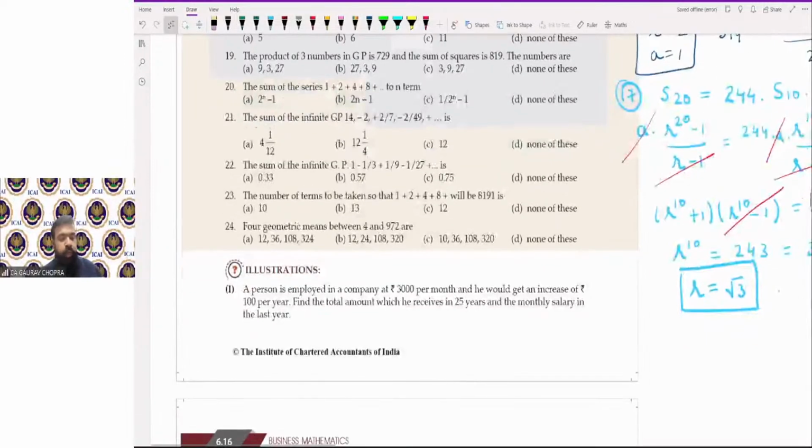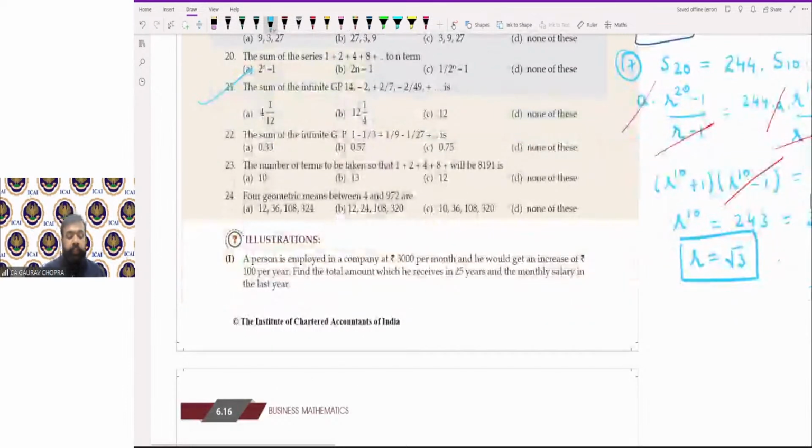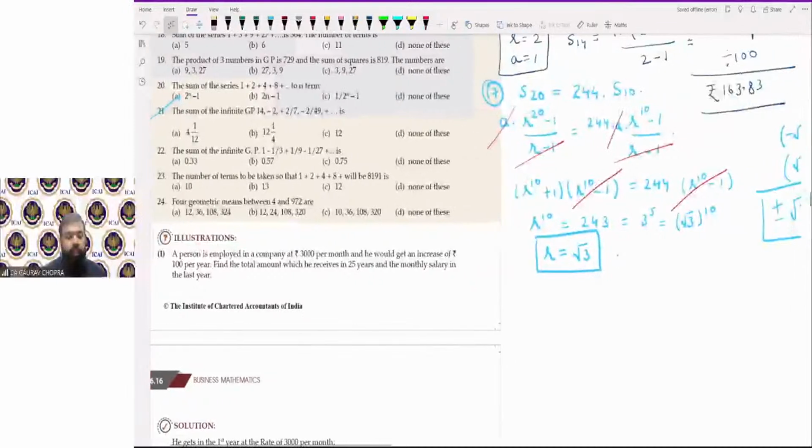Then let's try question number 21. Infinite series. Sum of infinite series. Question number 21. क्या formula है? Let us understand and apply. The question is 14 minus 2, then 2 by 7, minus 2 by 49, and so on.